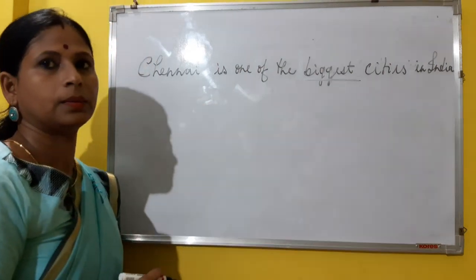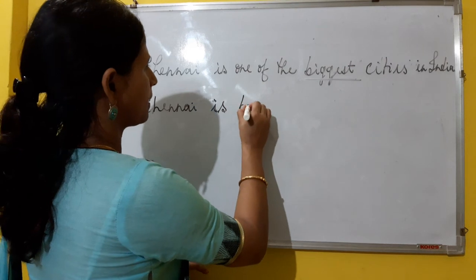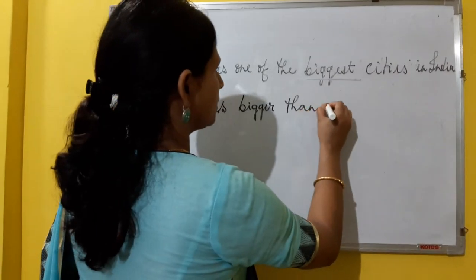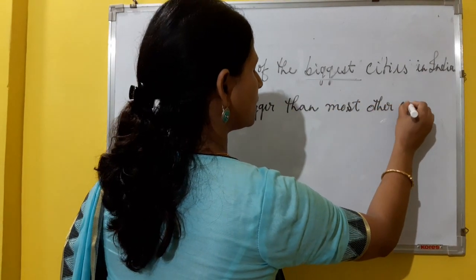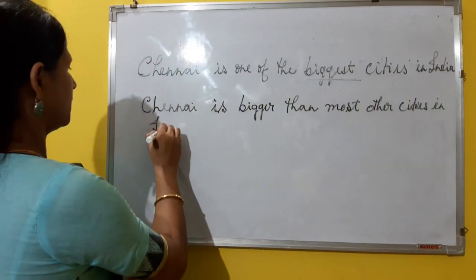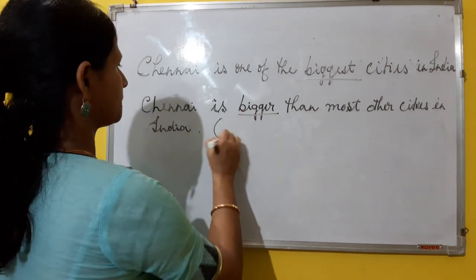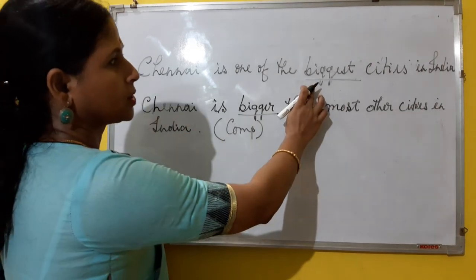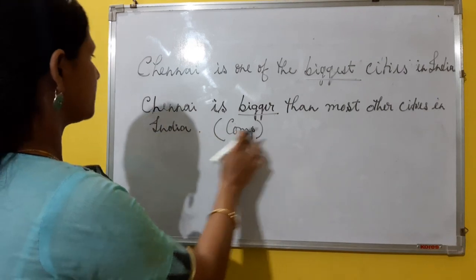Now, Chennai is bigger than most other cities in India. So this is comparative. The original sentence was in superlative degree form. This is the comparative form.